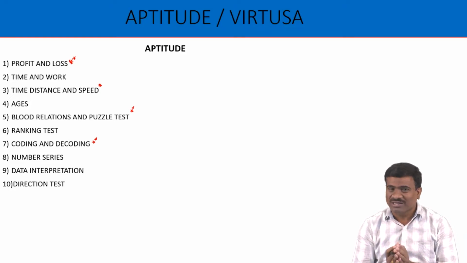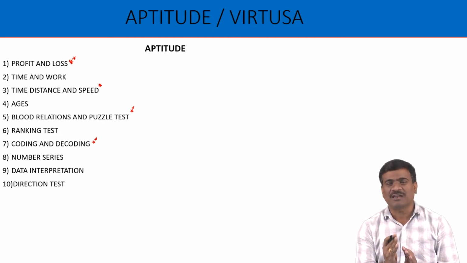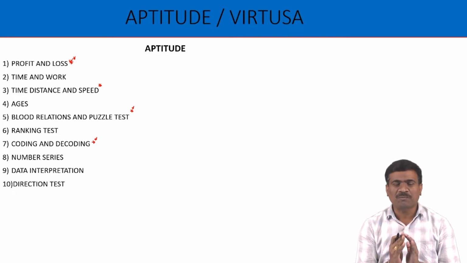In type number 2, find the discount or discount percentage. Discount is always applicable only on marked price, that means MRP. MRP indicates maximum retail price or market price or label price.